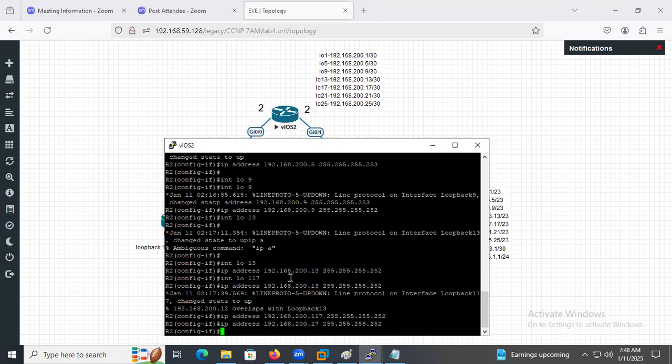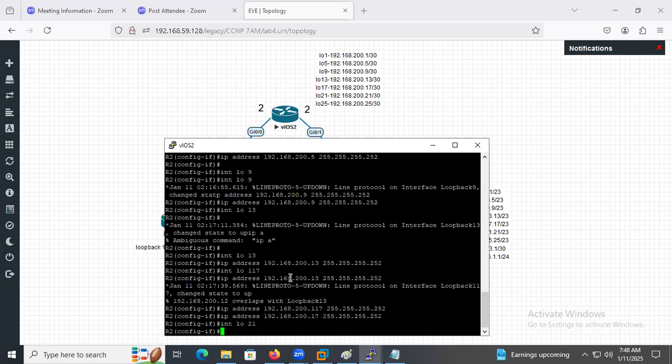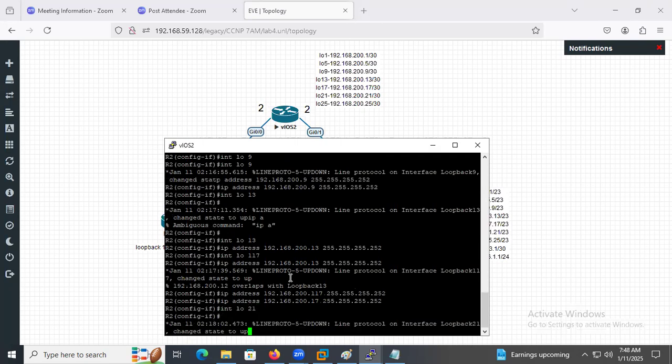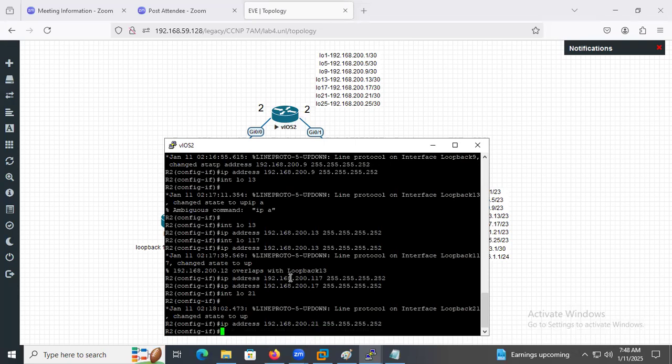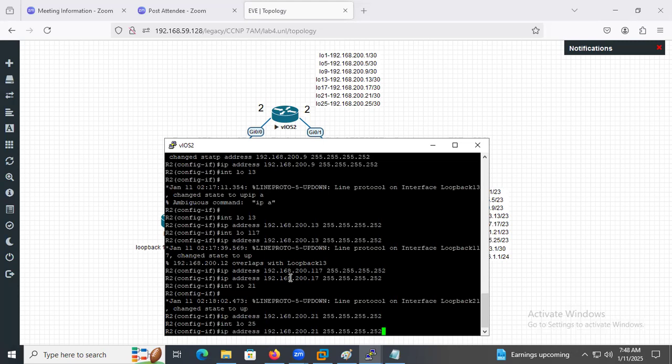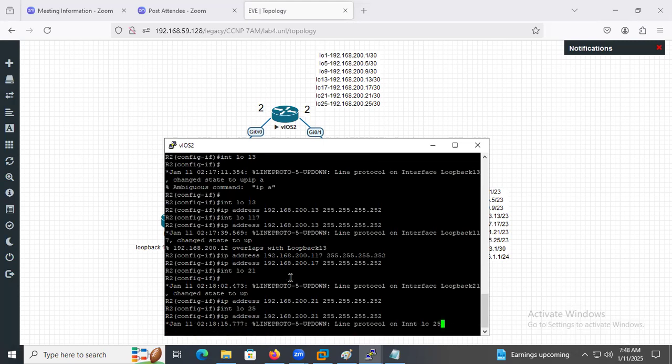Interface loopback after 17, 21, IP address should be 21. Then interface loopback 25, IP address is 25.